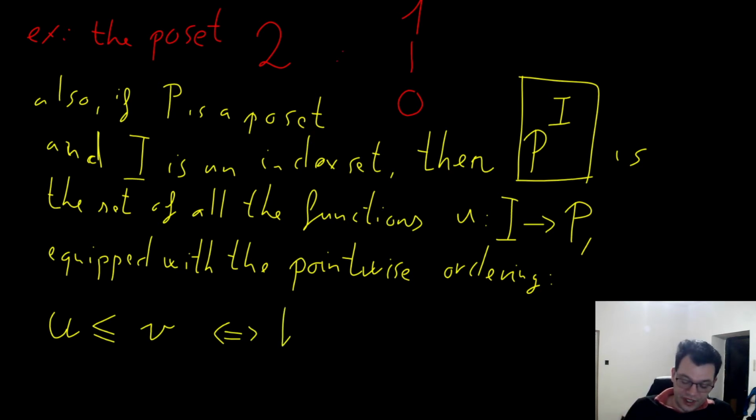So for each possible i, for each input of the function, u of i is a lower bound of v of i.